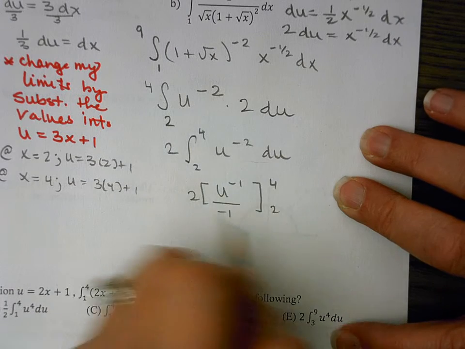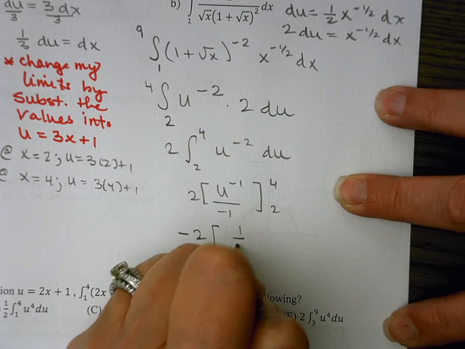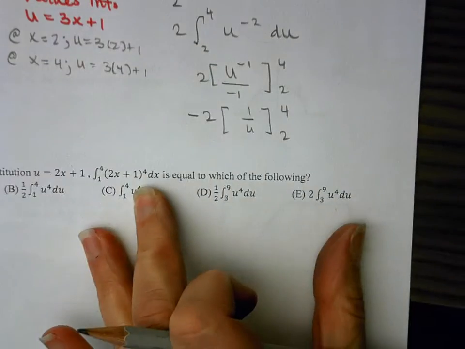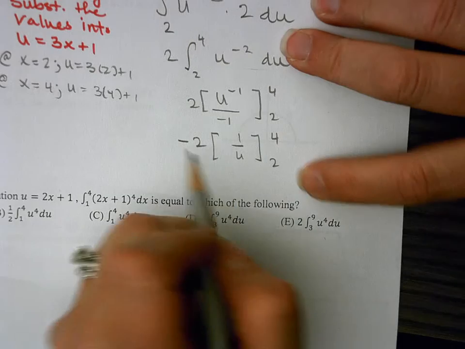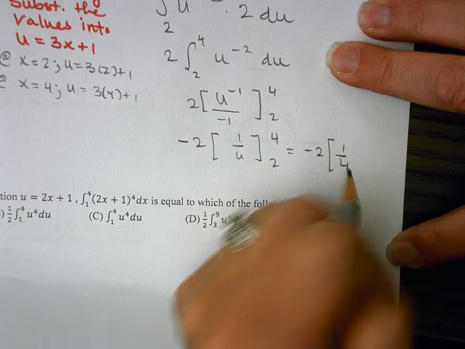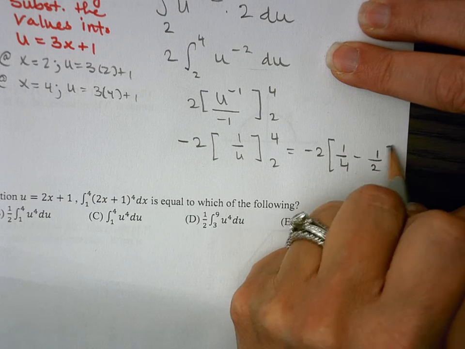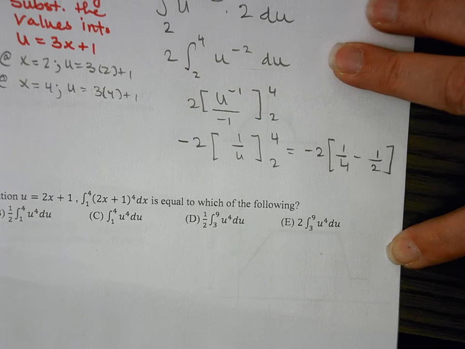So I'm going to divide out that negative 1, so that would be negative 2, and then 1 over u. And again, from 2 to 4. Substitute in the 4. So that will give me 1/4. And then minus, and then substitute in the 2. Okay, and feel free to simplify that, but I'm going to leave it just like that.